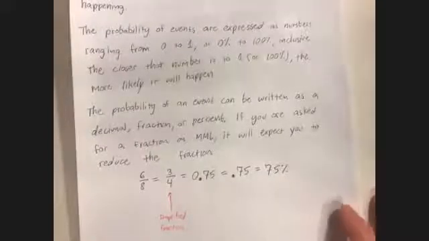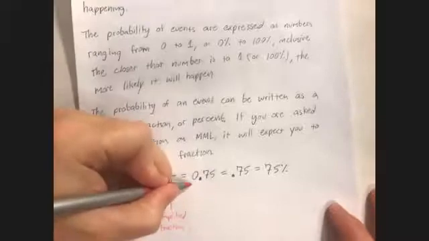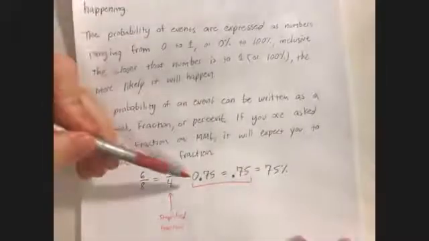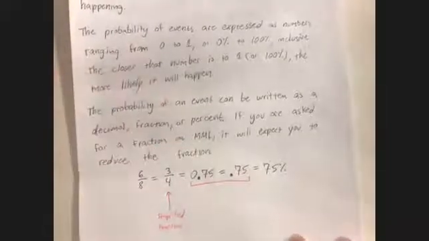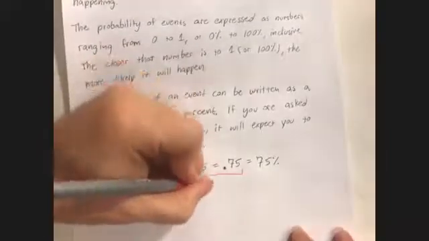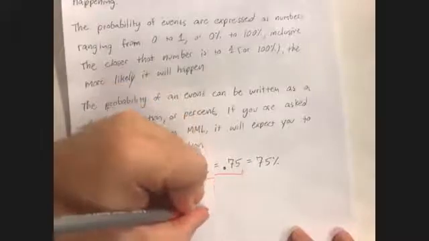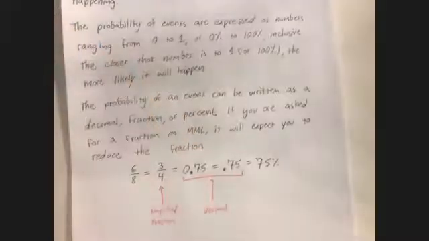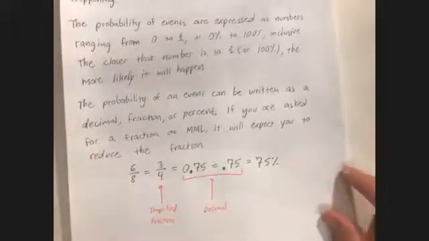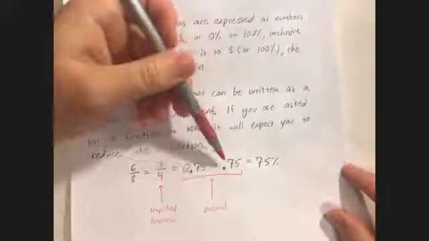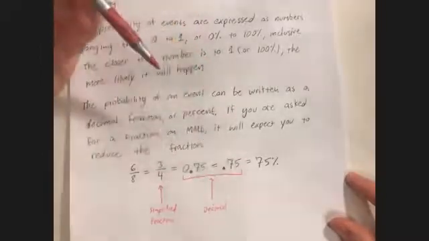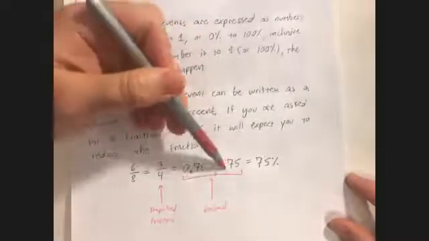Okay, that's one option. Another option is as a decimal. Both of these are acceptable, 0.75 or just .75. So write that. And then finally, a percent. We can convert a decimal to a percent by moving the decimal two places to the right.